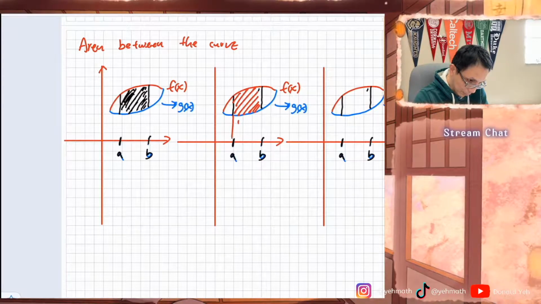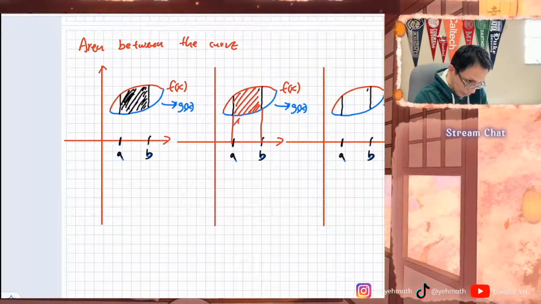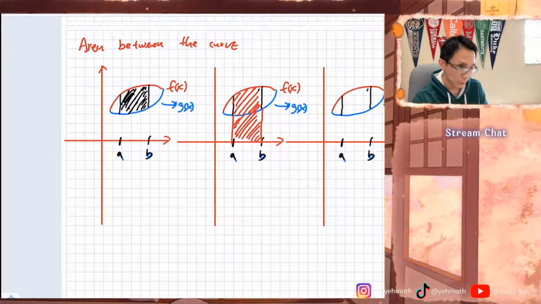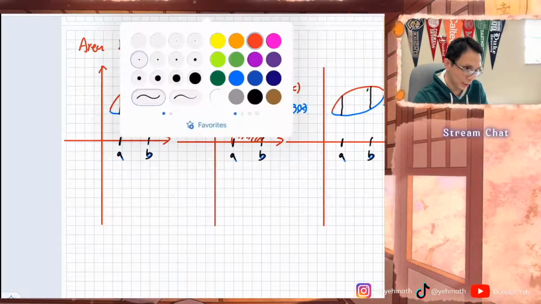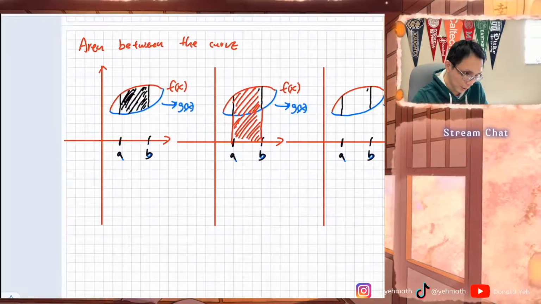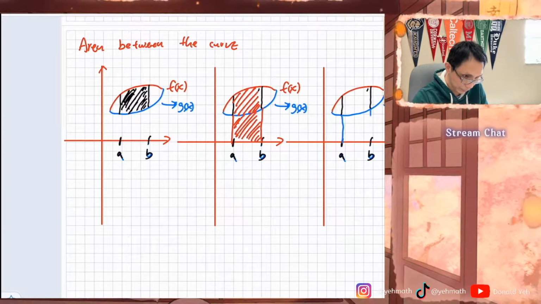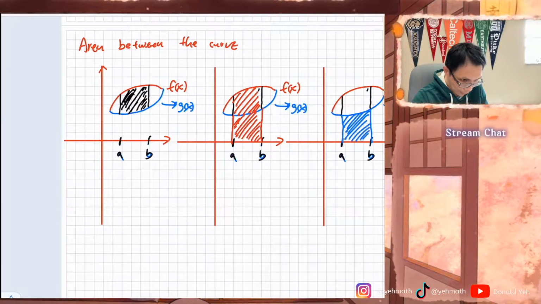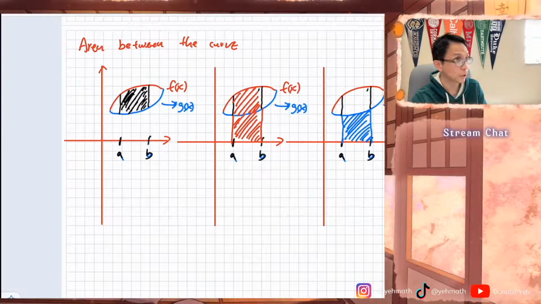Not only that, we're going to go all the way down and get this region right here. And I'm going to take away the integration of g of x, which is going to be here. If I take the area under the curve, then it's going to be that blue region.